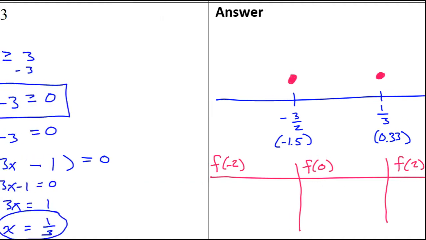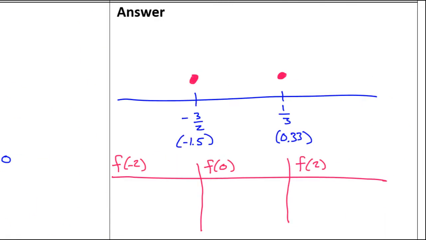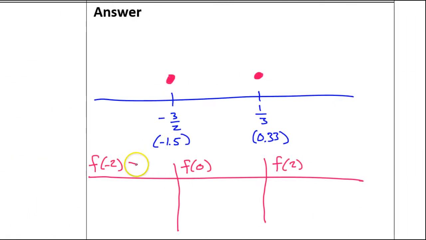Now in each case, let's keep in mind, solutions will be values that cause the function to be greater than or equal to 0. So in each case, I'm going to ask myself, will the function now be greater than or equal to 0 at that x value? And I am going to use my calculator to help me out.